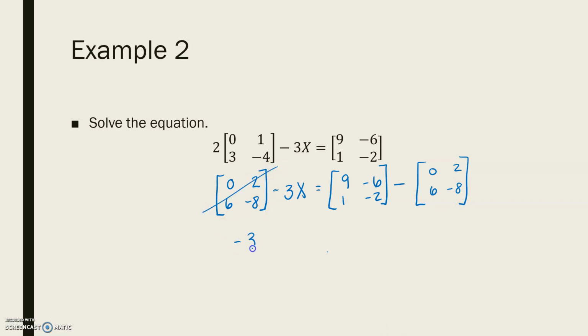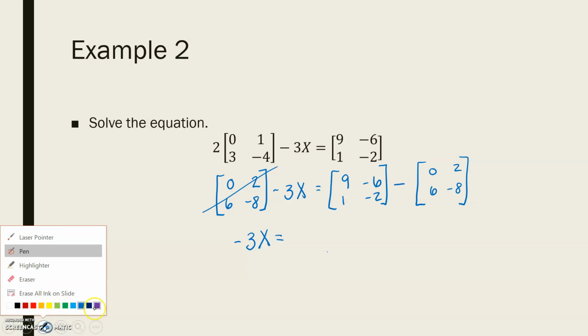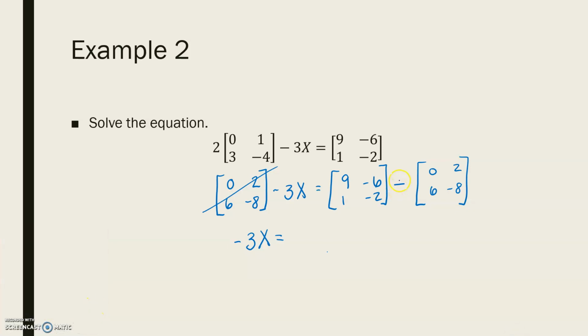I'm going to get -3x equals, and now I'm going to use my little trick, if you will, where I change this minus to a plus, and I change the sign of everything in the matrix that comes after it. So I'm going to get -2, -6, and +8. Adding all those together would give me 0, -8, -5, and +6.